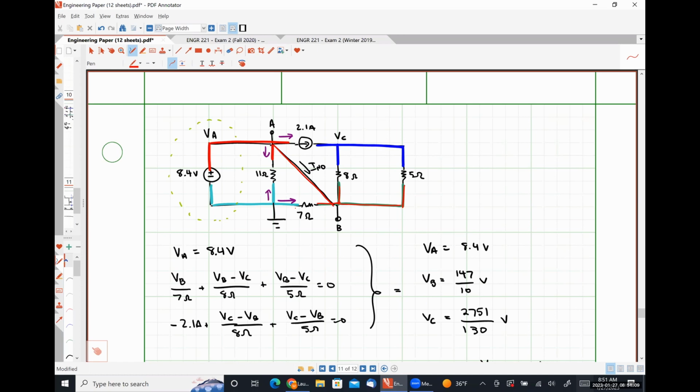And the voltage drop over the 8 and the 5 ohm resistor is between A and C. So because C isn't grounded, they're not going to have an 8.4 volt drop over them. I would argue they're going to have a voltage drop of whatever 2.1 amps times 8 in parallel with 5 is.